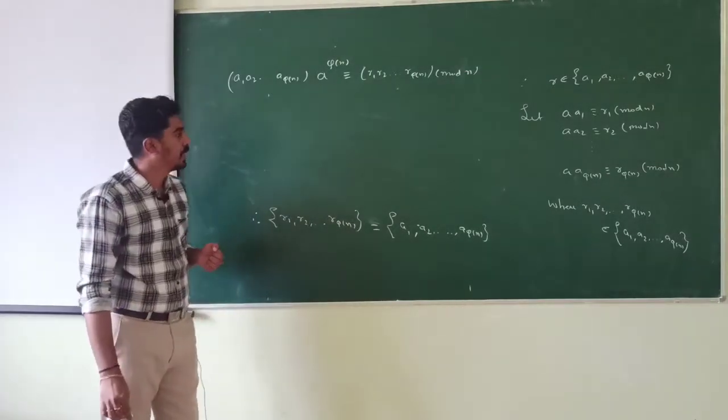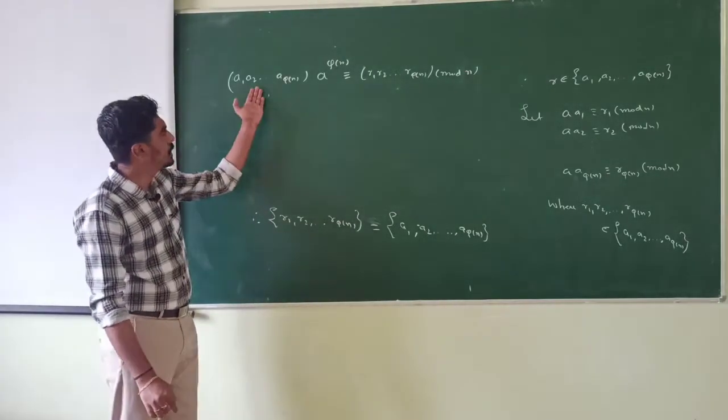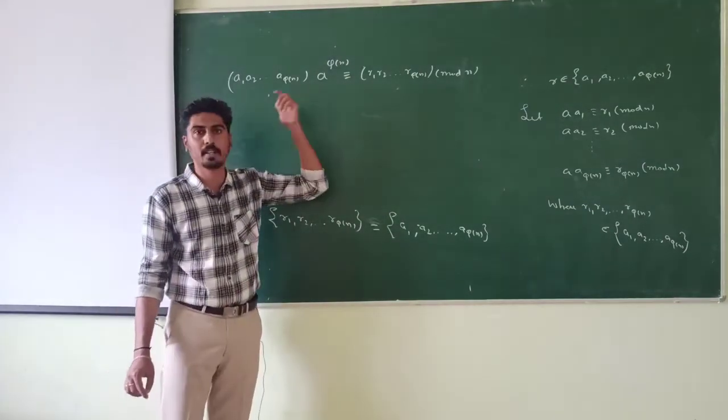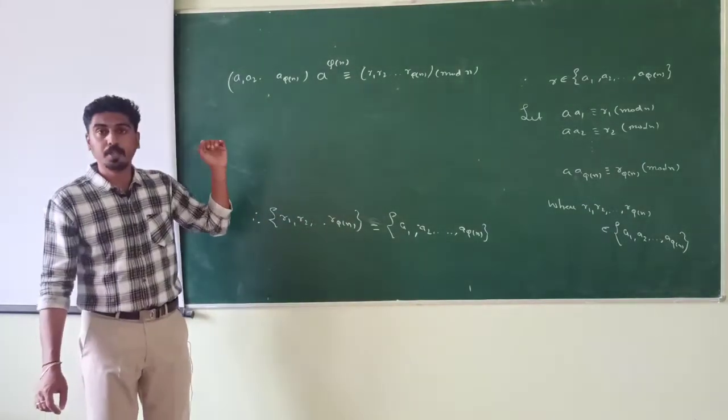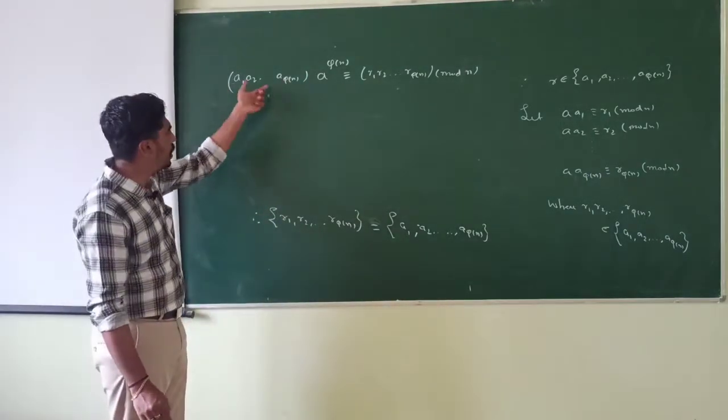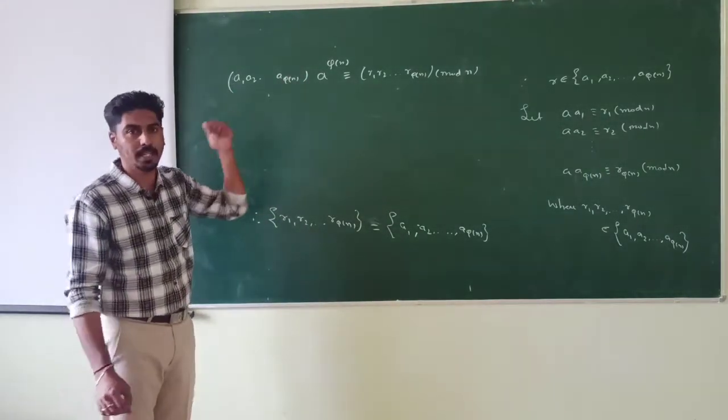We know that these two sets are identical, therefore these two products are same. We know that all these integers are co-prime to n, therefore the product is also relatively prime to n.